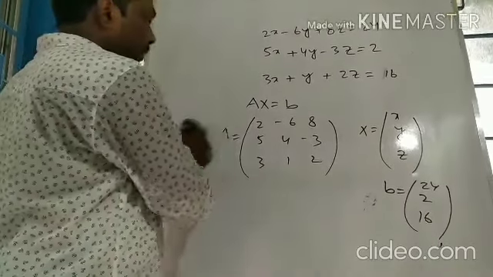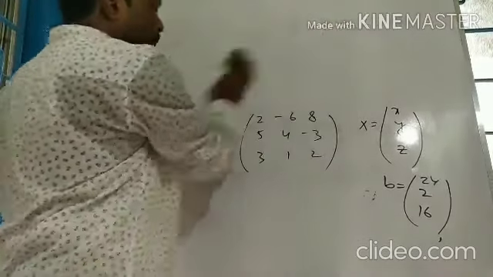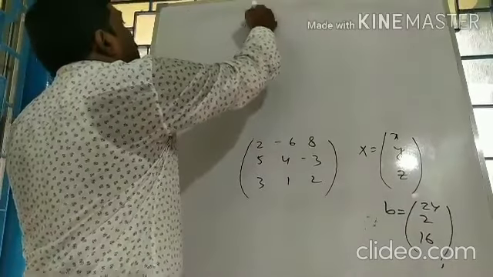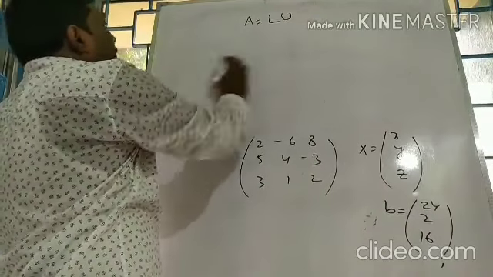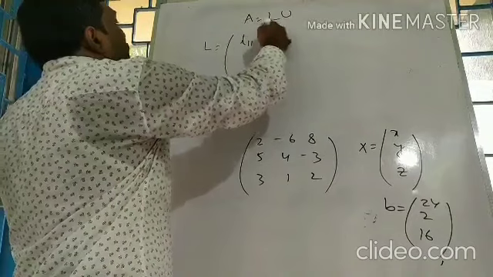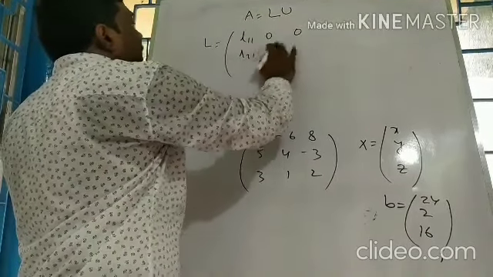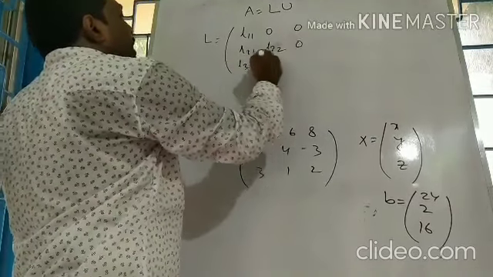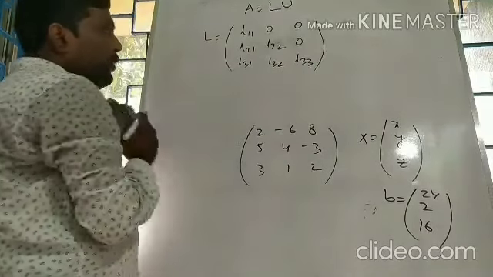Okay. Suppose A equals LU. L is the lower triangular matrix [L11 0 0; L21 L22 0; L31 L32 L33].